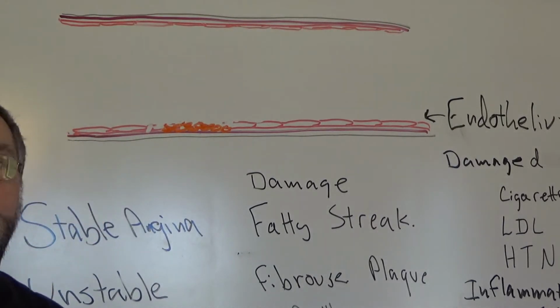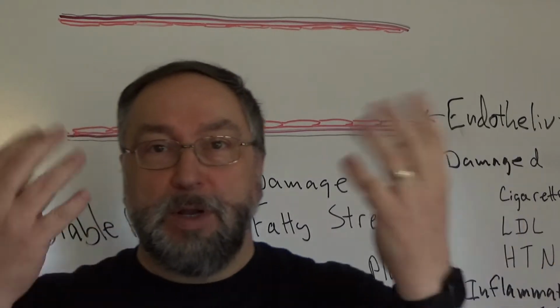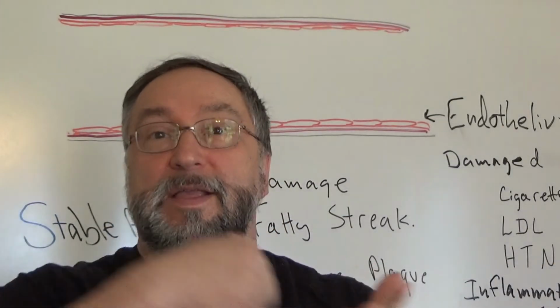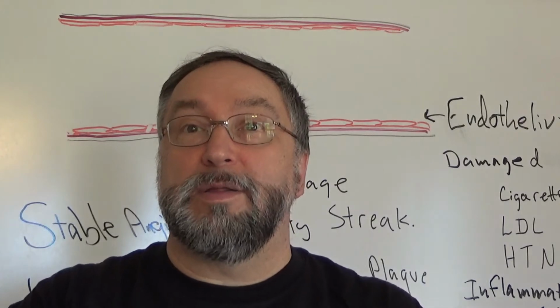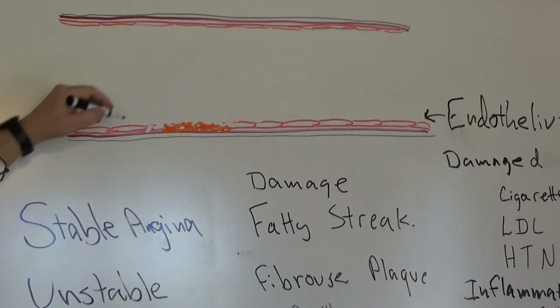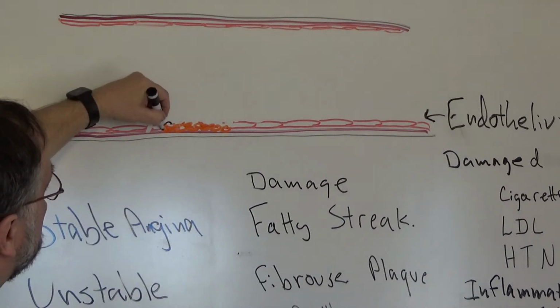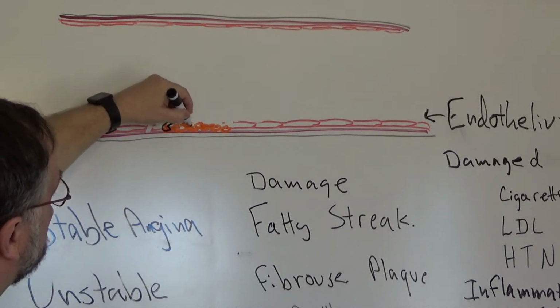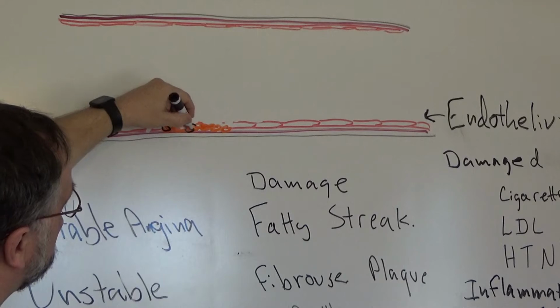And at the same time, when you get something in there like that, and you've already got this inflammation, you're calling white blood cells to the area. The white blood cells are all coming over, and they're going to get in there and try to eat up that cholesterol. This isn't normal. We need to get rid of this. So they come down in here trying to eat all this up.